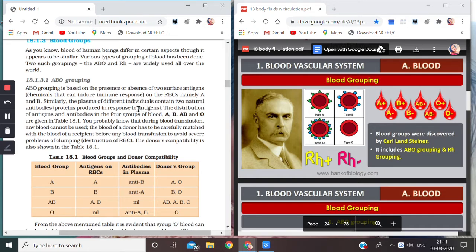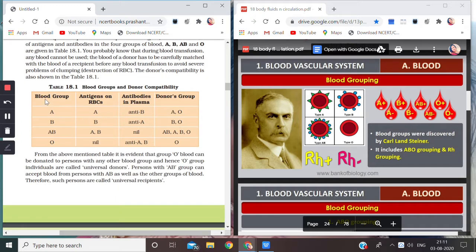Suppose, let me show you here, blood group A. Blood group A has antigen A on the RBC, and that person's plasma has anti-B as the antibodies. What kind of antibodies does this blood group have?